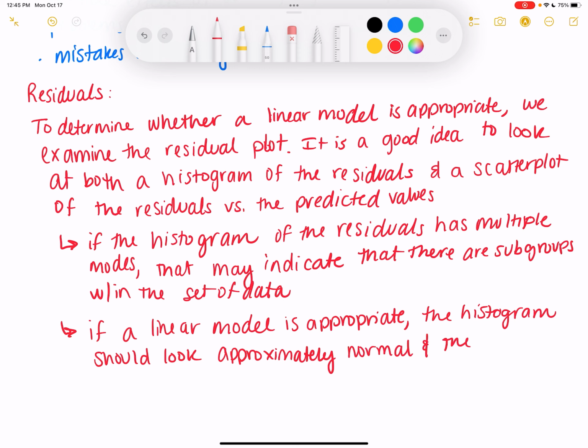And the scatter plot of the residuals should show scatter. That was a tongue twister.